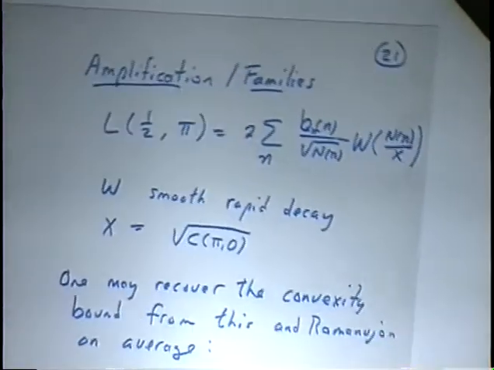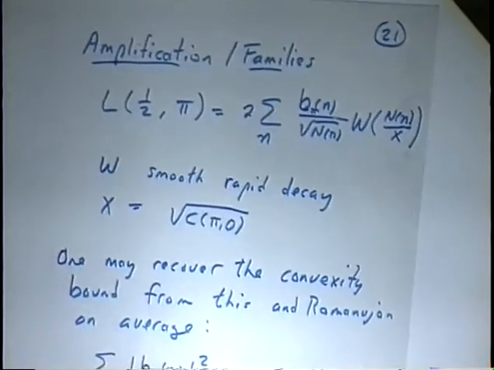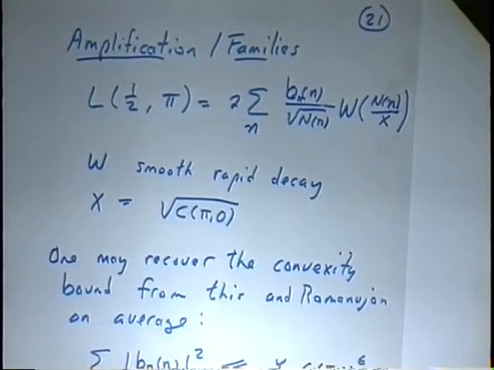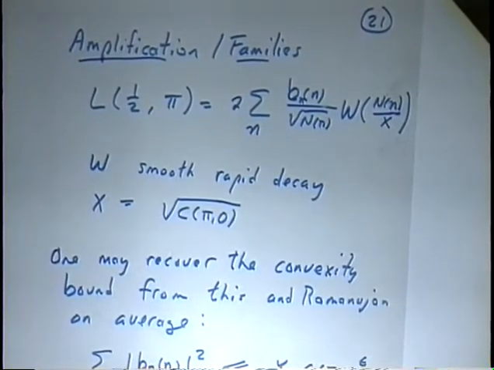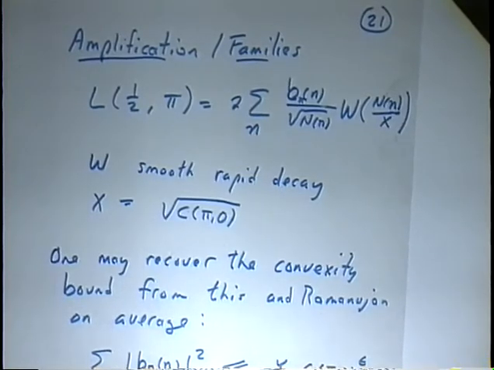All right, now let me say a few words about the amplification method and the philosophy behind it. One of the difficulties in analytically treating an L function is that, if it has a functional equation and nice analytic properties, you can approximate its special value, say at 1/2, by a morally speaking finite sum.